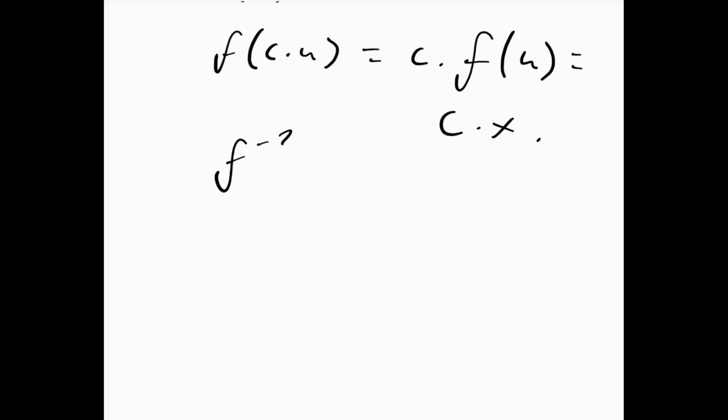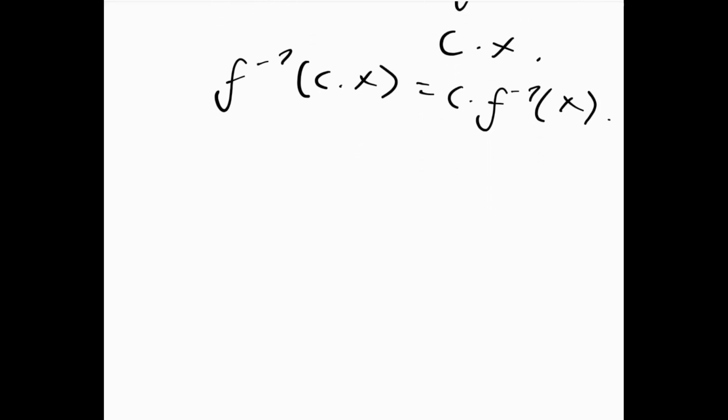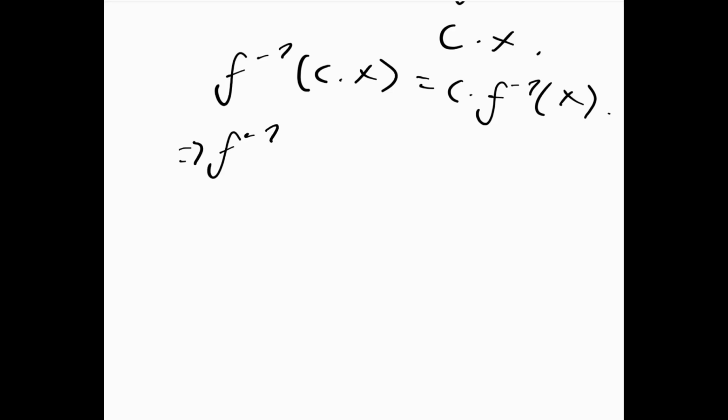And for the inverse, it's the same story. So we have c times F inverse of x, and so F inverse is linear.